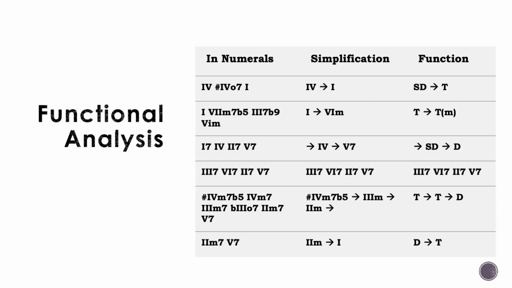Okay, so moving on, functional analysis then becomes a matter of just blocking things down to one of these 2 functions. So the 4 sharp 4 diminished 1 obviously just becomes 4-1, which is, in this case, dominant or subdominant tonic. And in this case, I think it makes more sense to think about it as a subdominant. As I said, it sounds better.